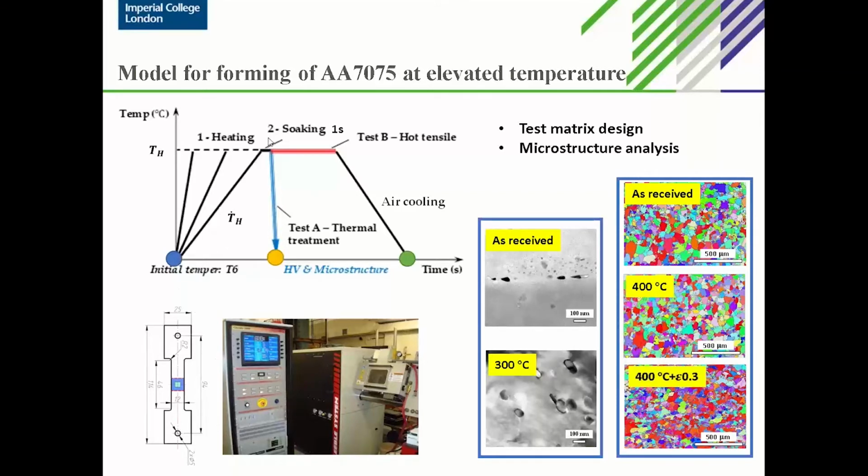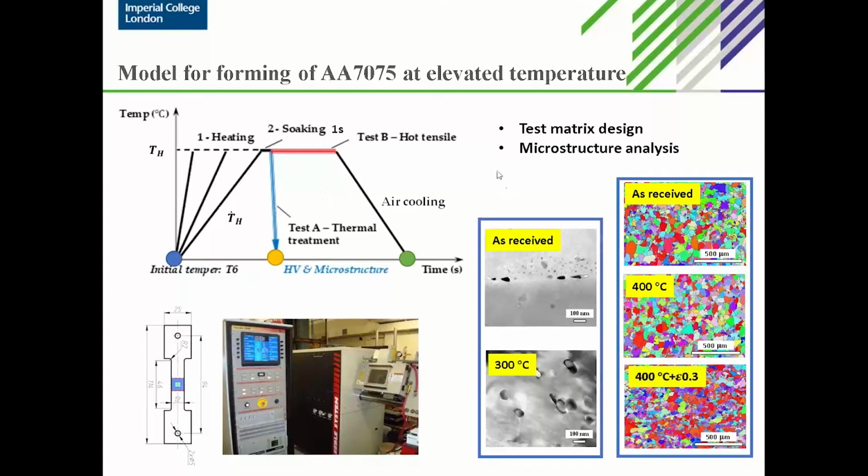So based on that newly proposed method, what we did is we again used the Gleeble to heat up the material using different heating rates, and then we soak it for 1 second to stabilize the temperature.